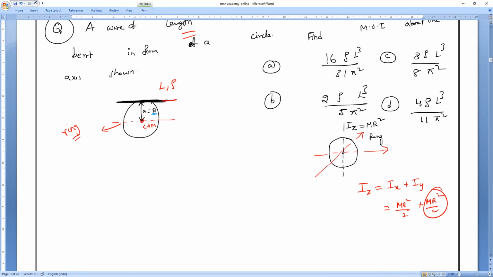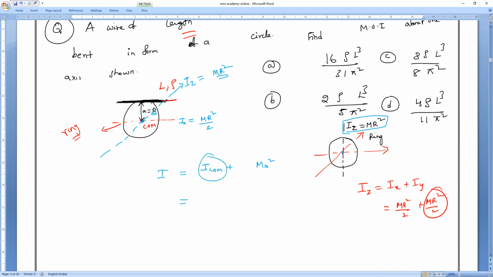As we know, perpendicular to the Z-axis the moment of inertia is M R squared. Now the axis is along the x-axis, so the moment of inertia is M R squared by 2. That is what you have to remember, because through the z-axis the moment of inertia is M R squared. Now, the axis not passing through the center of mass, the moment of inertia equals I center of mass plus M a squared.